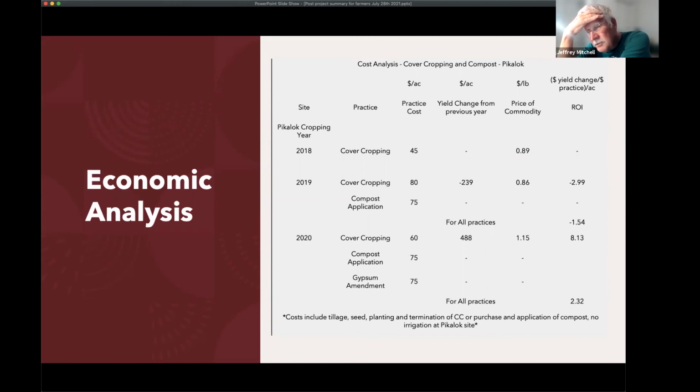What this guy is doing, he's just over the hill in Hollister, and he doesn't have water either, but he is actually seeding cover crops in single rows that are spaced out 30, 40 inches apart, and irrigating them with very minimal amounts of drip irrigation water.